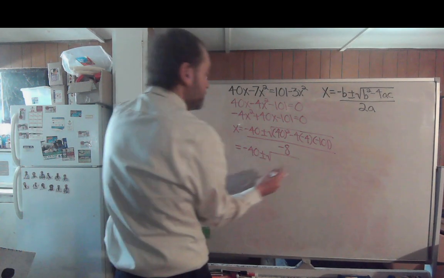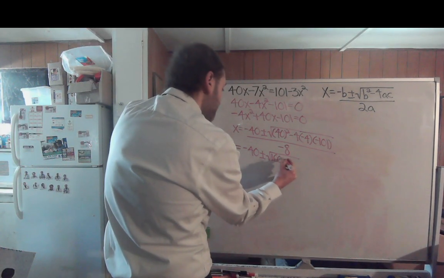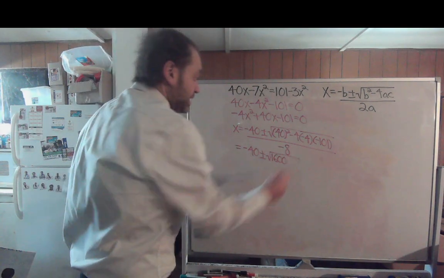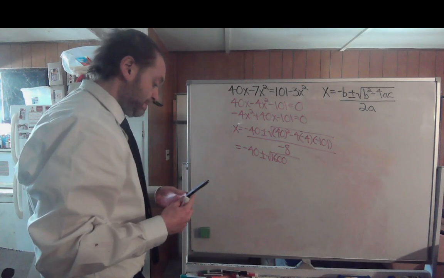which would equal negative 40 plus and minus the square root. All right, 40 squared is 1600. All right, so now let's take this whole mess. That'd be positive 16 times negative 101.